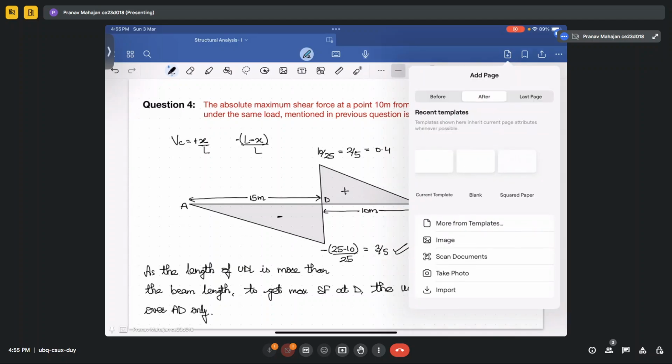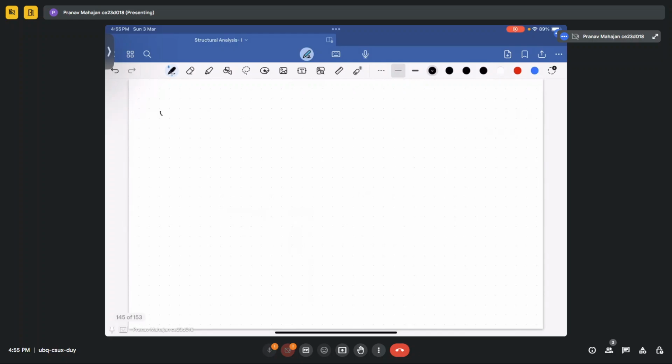So the absolute maximum shear force at D will be equal to 1 by 2, and the length is 15 and the value is 3 by 5, multiplied by the load. The load is 10.